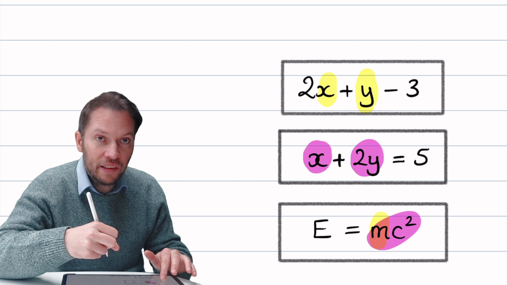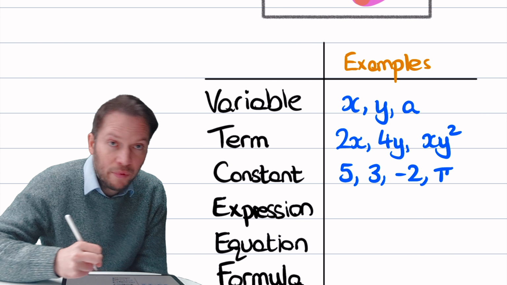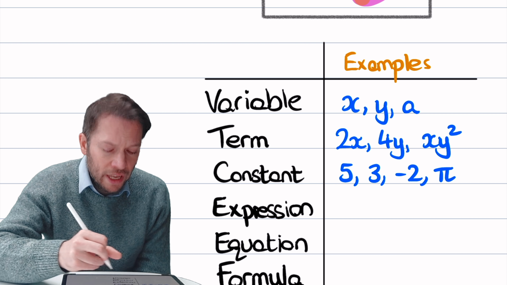The minus 3 here as well, that's also an example of a constant. So let's put some examples. It could be things like 5, it could be like 3, it could be minus 2. These are different constants. We can even have things like pi. You might have seen pi before. It has the value of 3.14. Now, it seems a bit weird because we are using a letter, a Greek letter, to represent a value. But the point is that the value can't change.